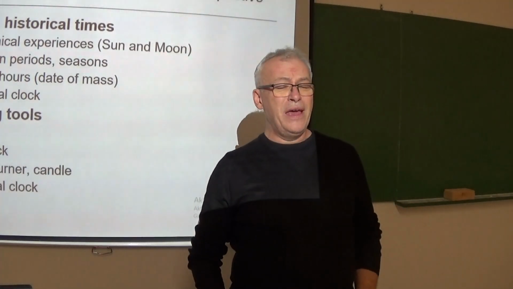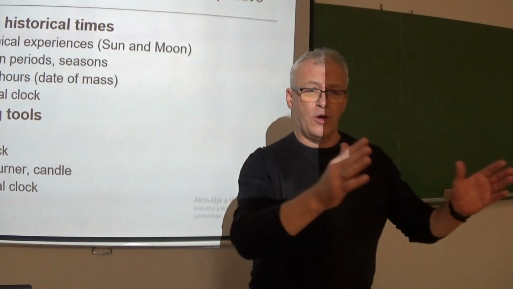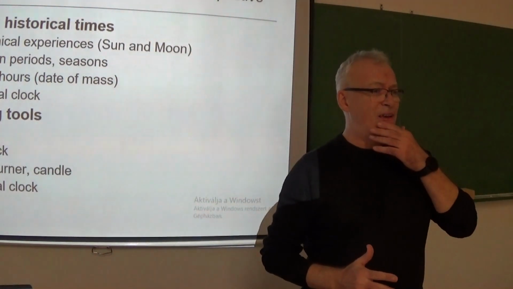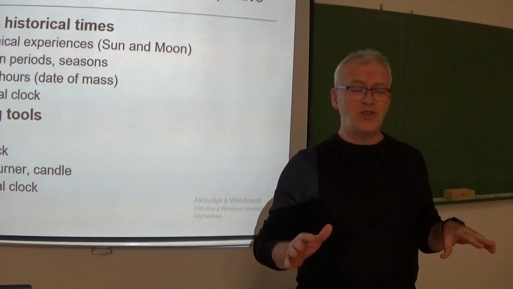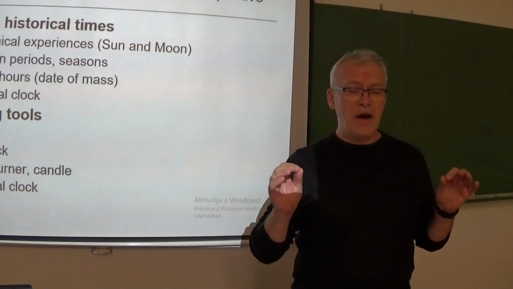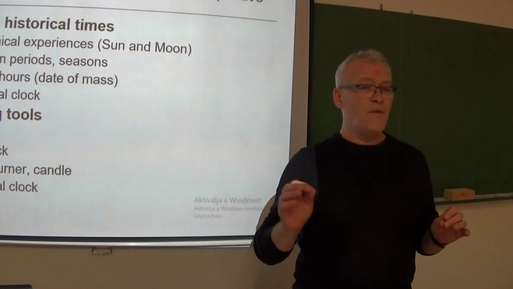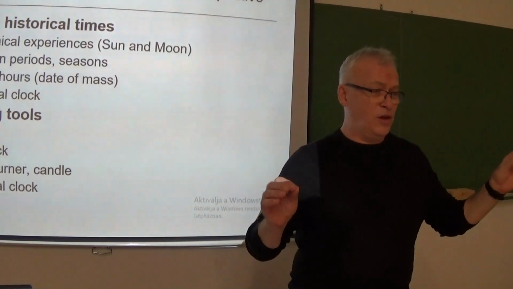Mechanical clocks appeared in the 12th century, but very interesting, does somebody know when the time zones were standardized? Does somebody know when and why? No? The proliferation of the railway network. Because in the case of a railway network, it's very important to define when the train will arrive from one station to another.